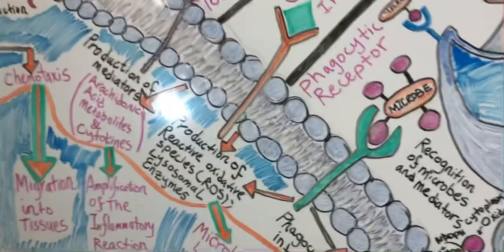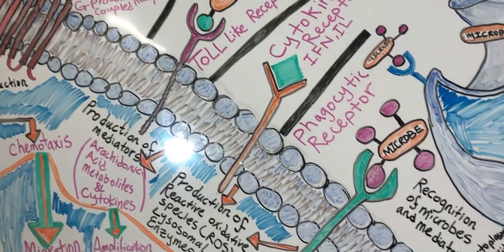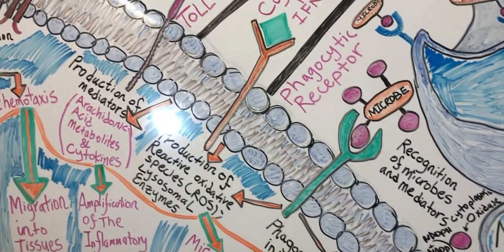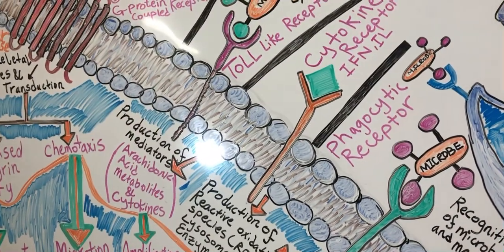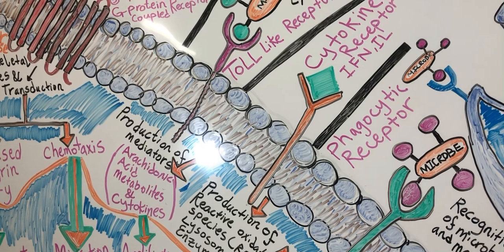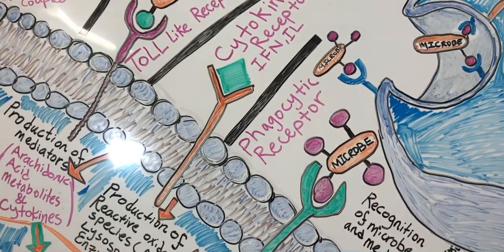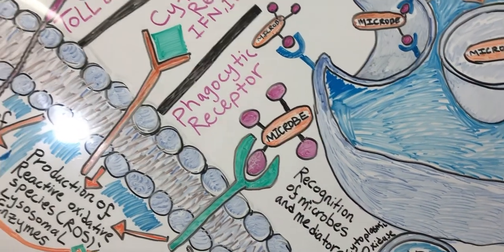We talked about this membrane. This is the membrane of the phagocyte that has been recruited to the site of inflammation. And we have four different types of receptors. We have the G protein linked receptor, as seen here. We have the toll-like receptor, the cytokine receptor, and the phagocytic receptor.